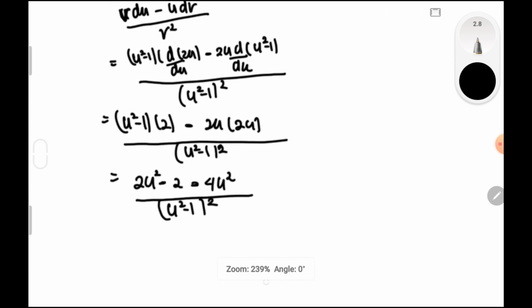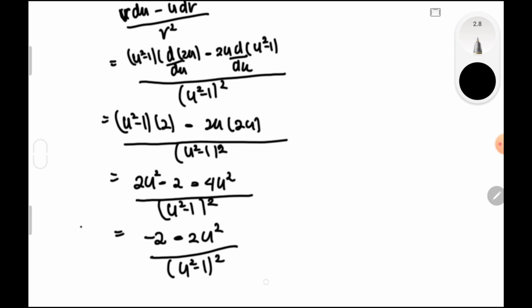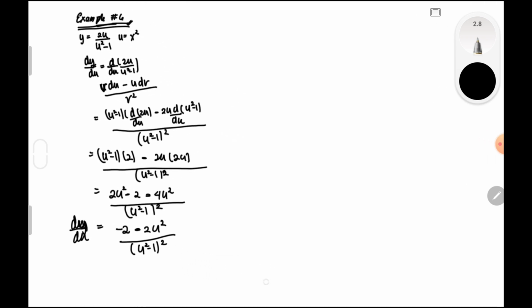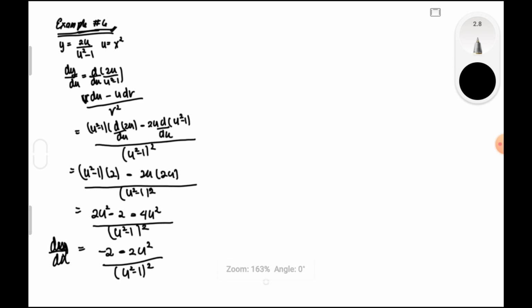So we'll have negative 2 minus 2u squared divided by u squared minus 1 squared. This is our dy over du.